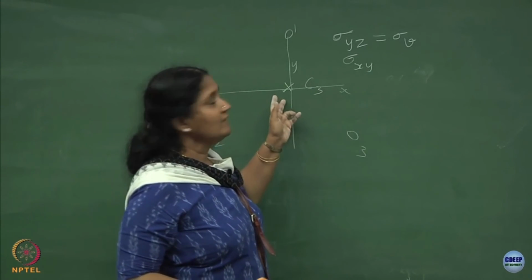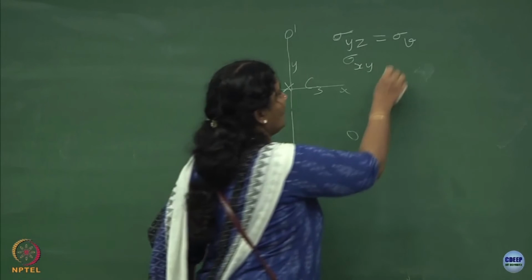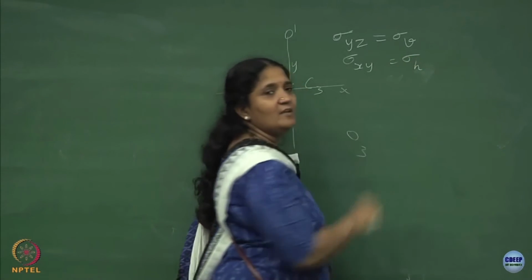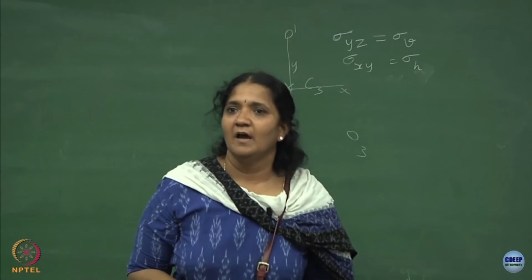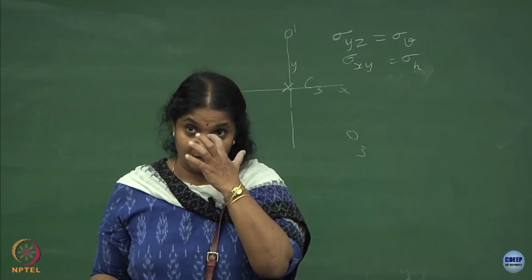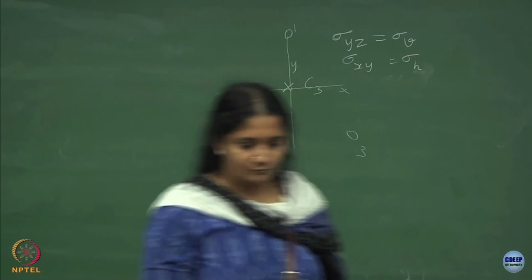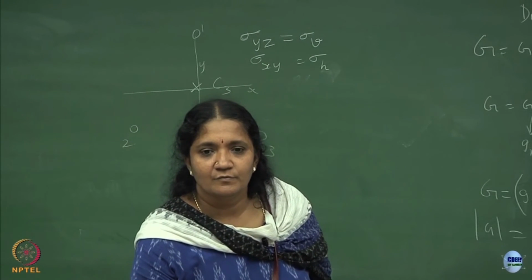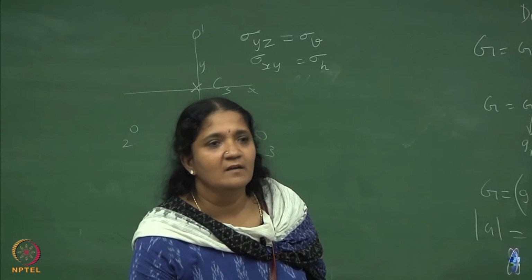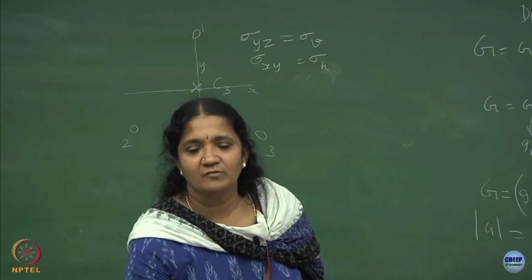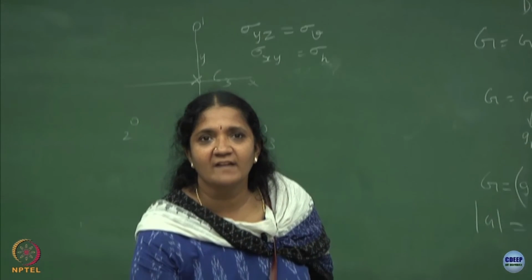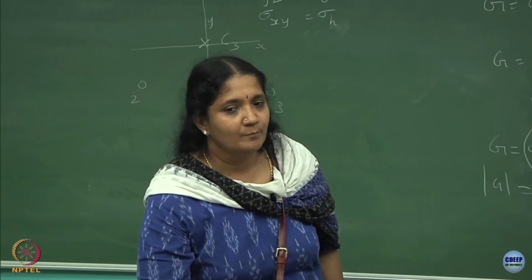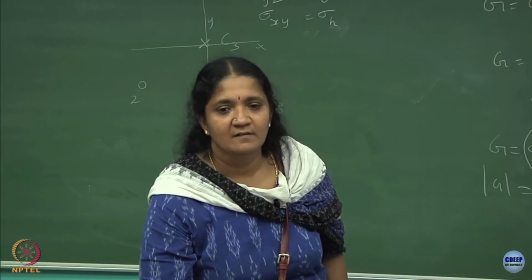So, such a plane is denoted by sigma h. These are the universal notations, and we are going to follow these notations. Okay. So, you have an axis of symmetry, and you have 2 types of planes of symmetry, one perpendicular to the axis, another one containing the axis.